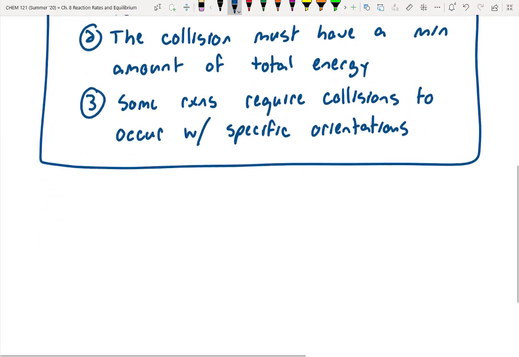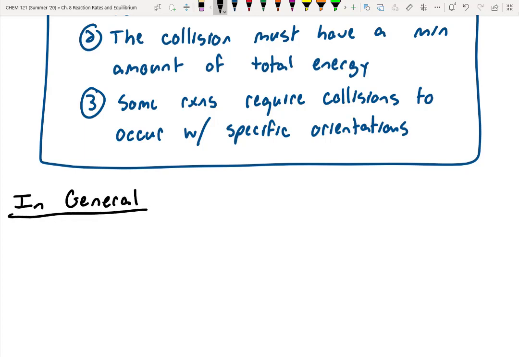And there's some more things we can observe. So I want to go back to number two here, where it talks about the total energy. And we can make some, in general, observations. All right, so let's compare if we have a solid versus a liquid versus a gas. Well, which of these has the most total energy that would allow for collisions to occur with higher energy.